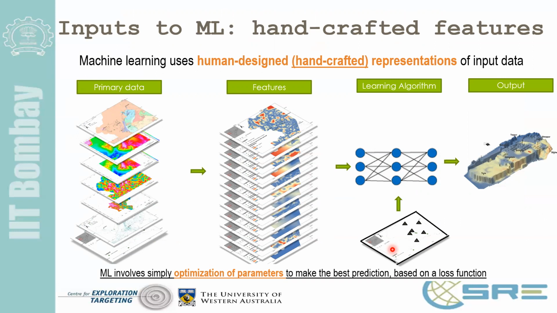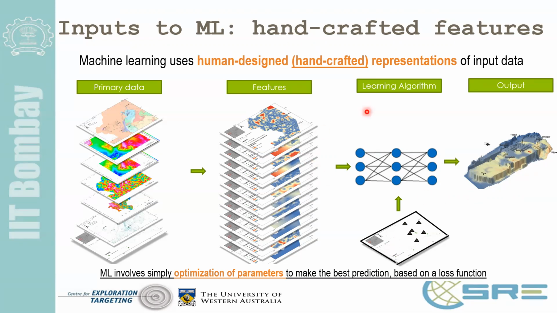Now, these data sets cannot directly be used in my model because we really don't know what exactly the relationship is between the magnetic intensity value at a specific point and a deposit, whether that indicates a deposit or not. We can't do that. And that's why the first step here is that we extract the features out of these primary data sets, which is what we call feature engineering.